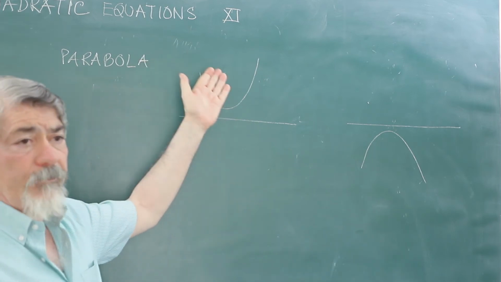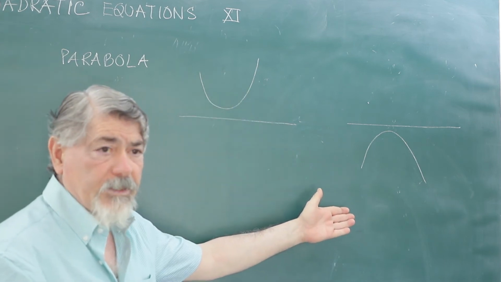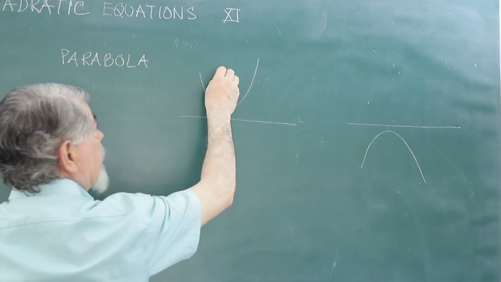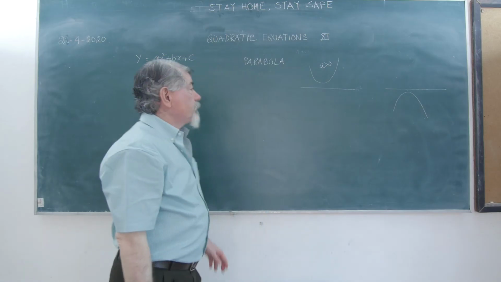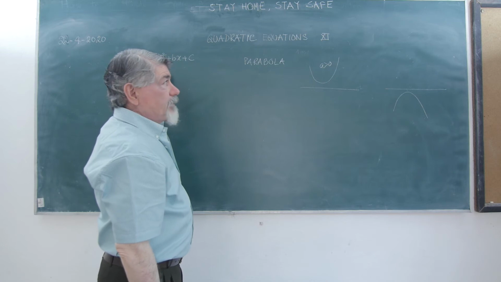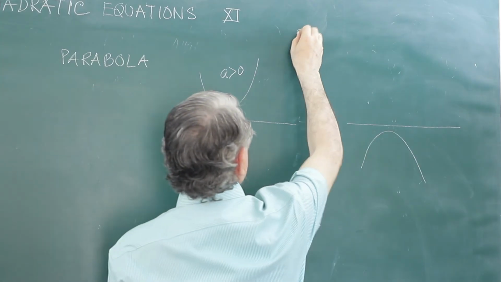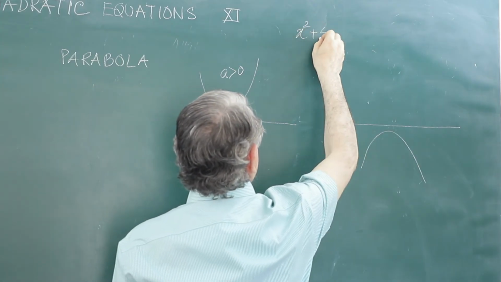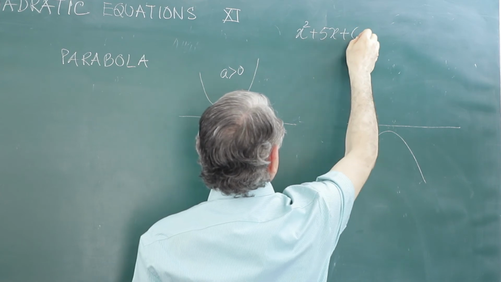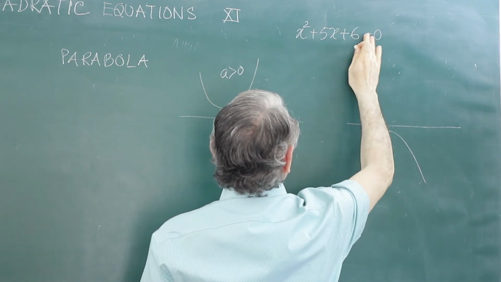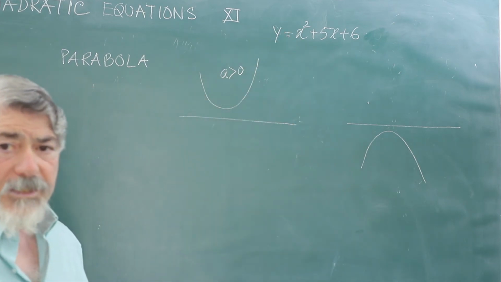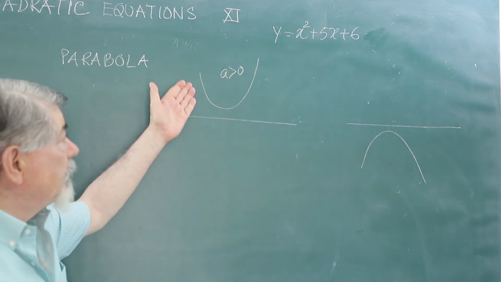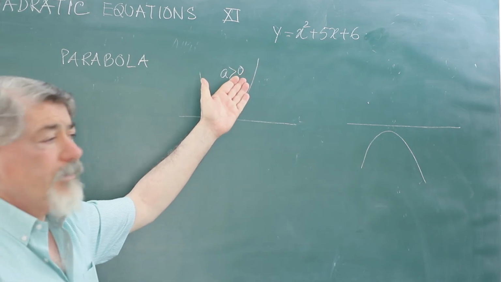If A is greater than 0, that means A is positive in this equation, for example x square plus 5x plus 6 is equal to 0, and I plot y is equal to this, then I will get this kind of a parabola.